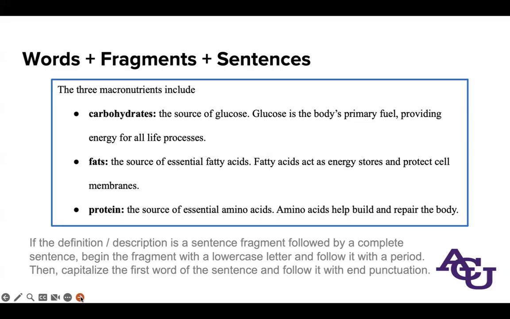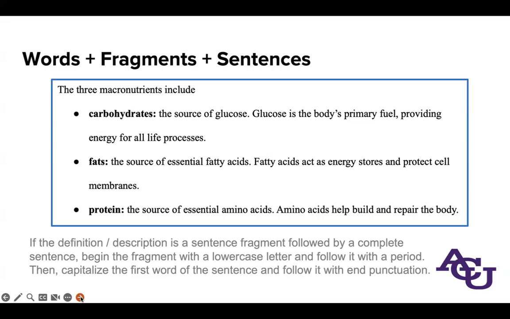So let's see what happens when we do this. The three macronutrients include carbohydrates, the source of glucose. Glucose is the body's primary fuel, providing energy for all life processes. Fats, the source of essential fatty acids. Fatty acids act as energy stores and protect cell membranes.